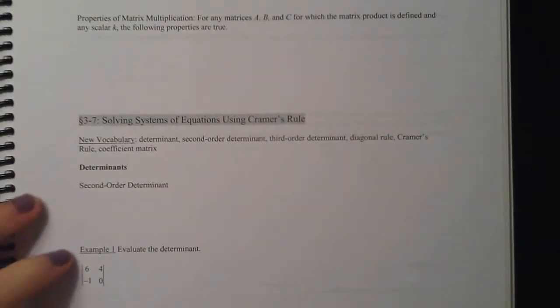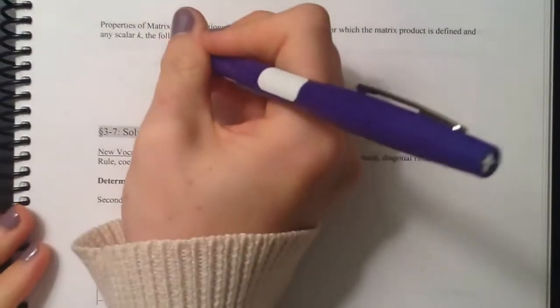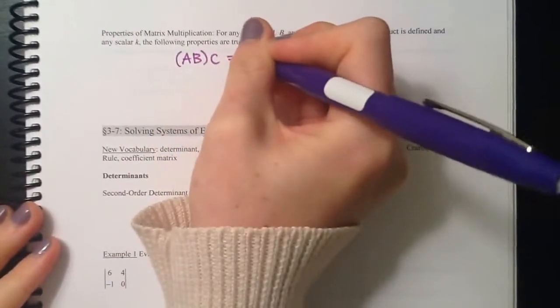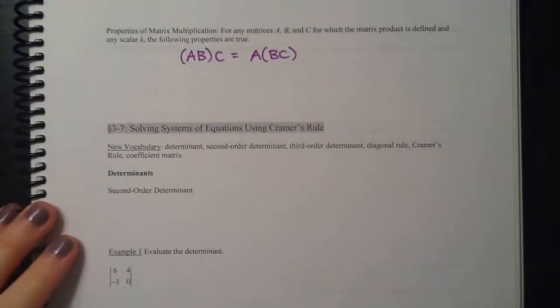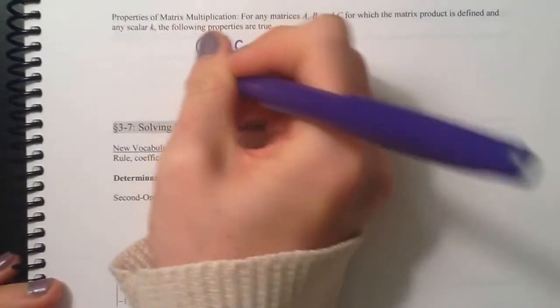Here's what else we have. We've got the associative property that also holds. So the associative property looks like this. We did not prove that one, but you could if you want to. And then we have the left distributive property, which is what we just proved.